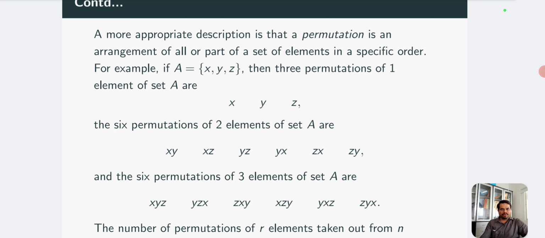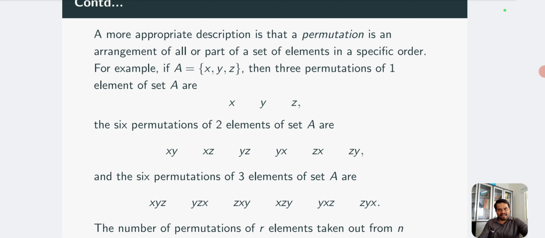So the number of permutations of r elements taken out of n is given here. Yes, so the simple meaning of permutation is the arrangement of r elements in a particular fashion.